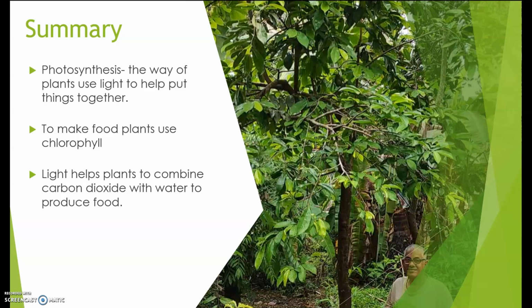Next, light helps plants to combine carbon dioxide with water to produce food. Now we know that the light helps the plants to put together the carbon dioxide, the odorless, colorless gas that we produce, and the water to produce food for the plants.